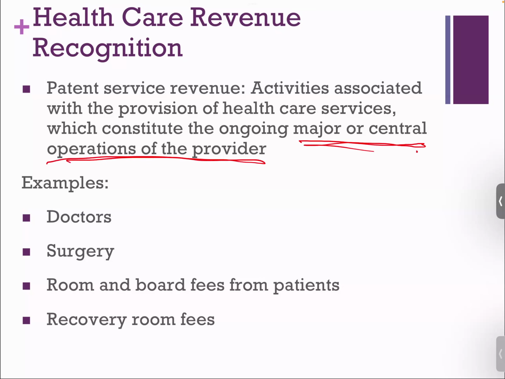They're going to ask questions about what is patient service revenue and what is other revenue, so you've got to have this down. When you think of a hospital, these are the main things you think of: doctors providing care, doing surgeries, room and board fees, and recovery room fees. So your basic idea of what a hospital provides.